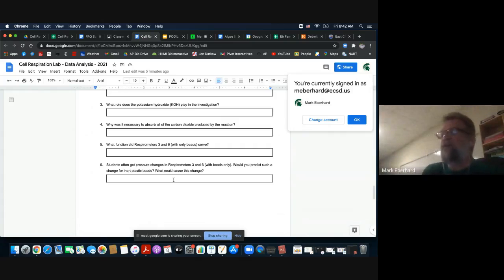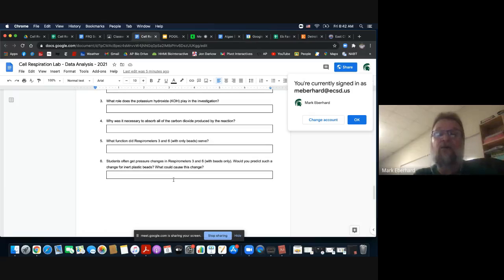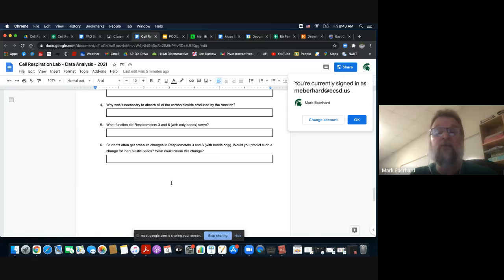And so sometimes you'll get a very small change. And then what you do is you subtract that from your experimental ones. So it was a control group, to monitor whether there were any atmospheric changes in pressure and volume going on in the classroom. As long as it didn't have any significant changes, then you knew that your results were pretty reliable.